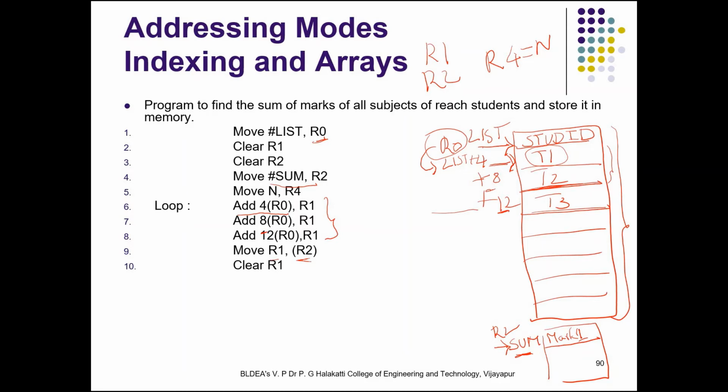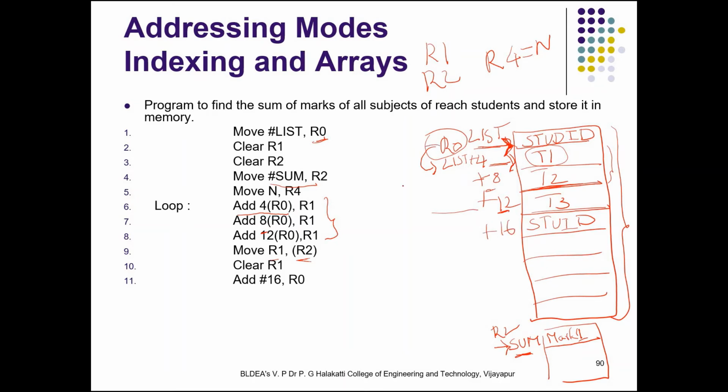And then I am going to clear the content of R1 so that we can add the second student's marks. Now, up till now R0 is still pointing at this location, but the next student information is stored at an offset of 16.